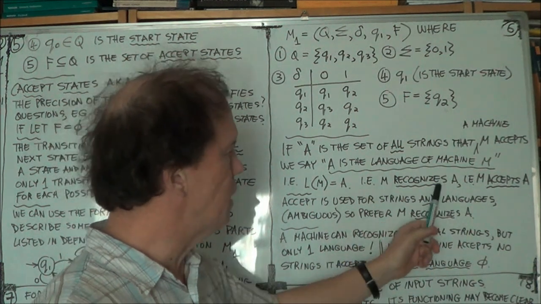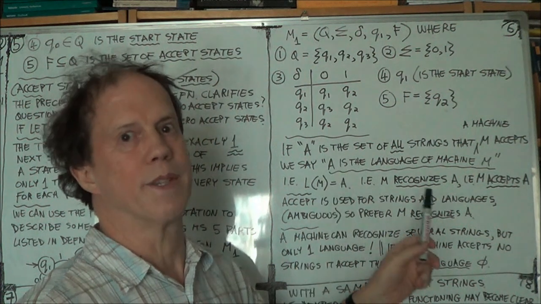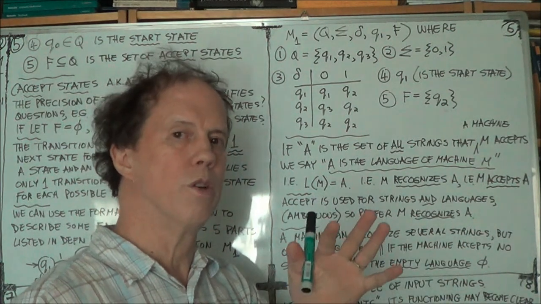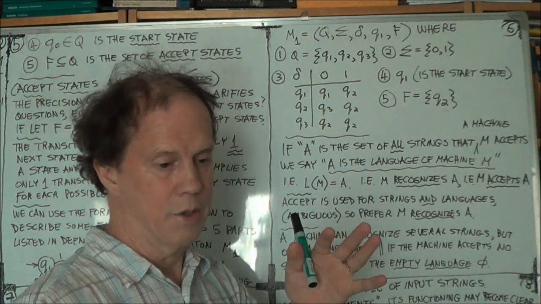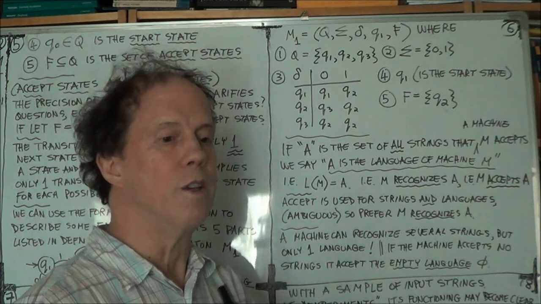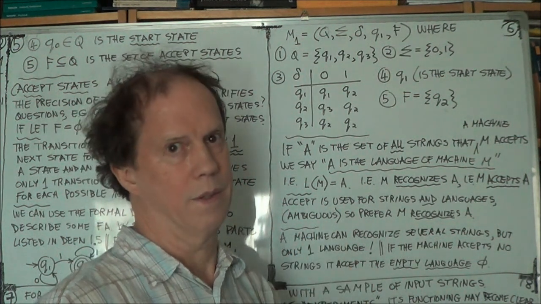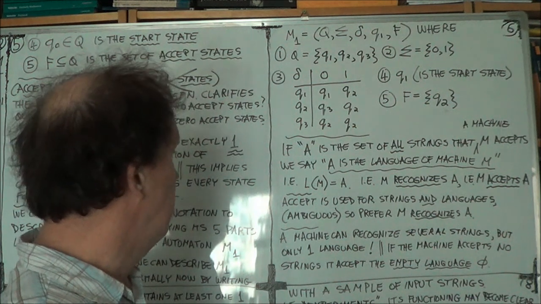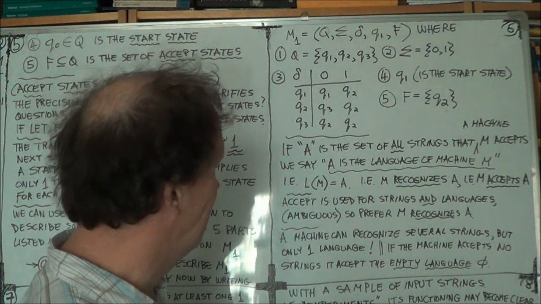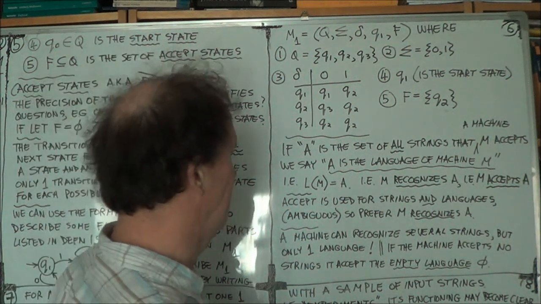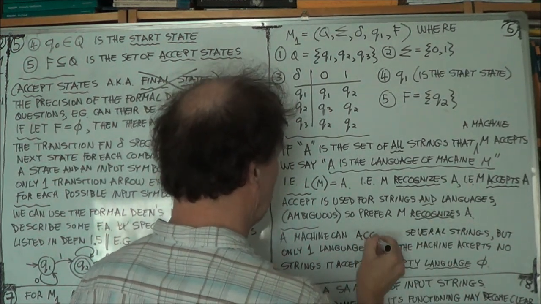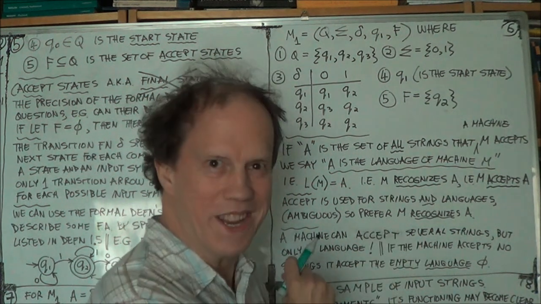So the machine recognizes a language, but it accepts a string. In the context of a string, use the verb accept. In the context of a language, the whole set of accepted strings, use the verb recognize. Okay? See what I mean?